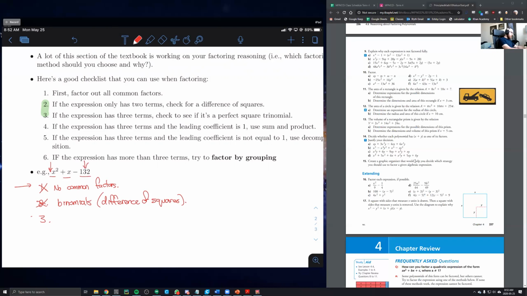Well, the first one, 1, is a perfect square. But 132, the square root of 132 is definitely not perfect, right? 11.48, and so on. So not a perfect square trinomial.